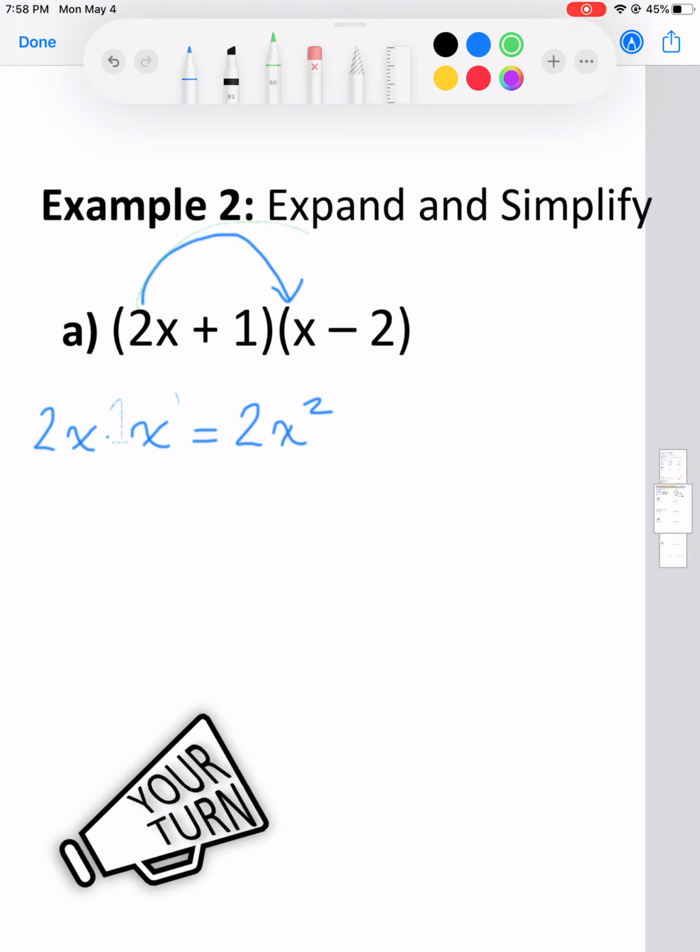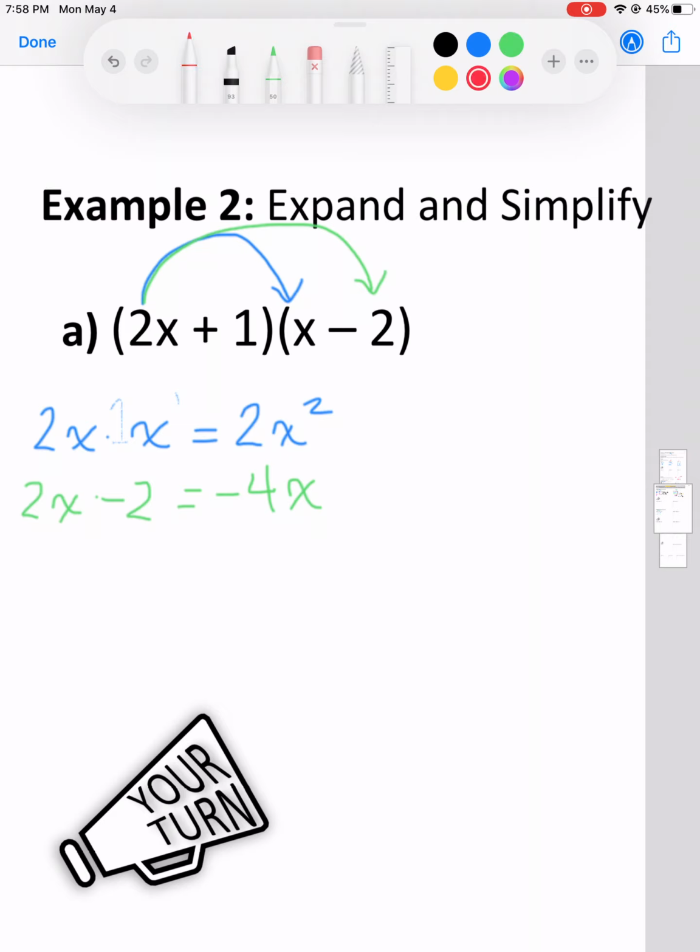First outside, 2x times negative 2 is negative 4x. Okay, 2 times negative 2 is negative 4, and then x, there's nothing with it.